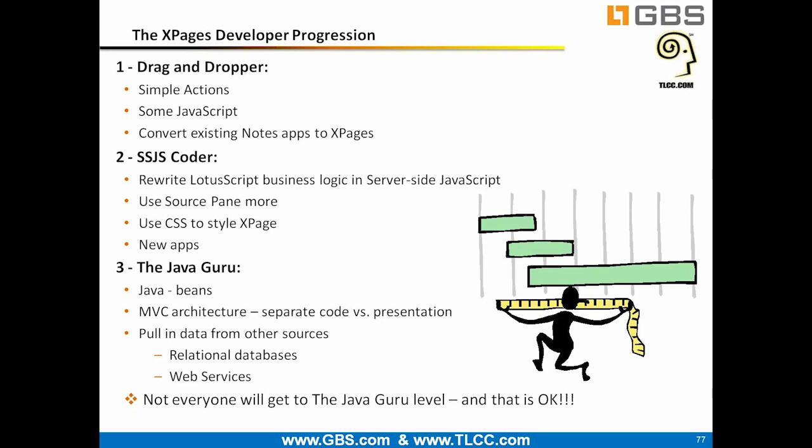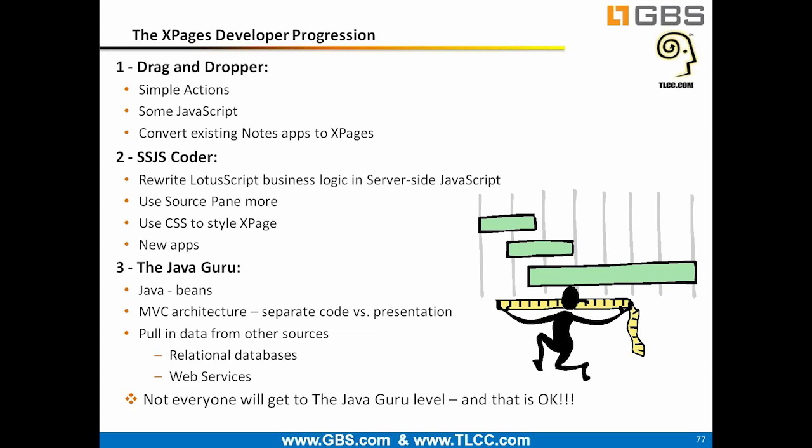Now, as you learn more, you're going to probably then take some of this Lotus script code you might have in agents and that are sitting behind buttons and things like that in your forms and start rewriting that business logic from Lotus script to server-side JavaScript.